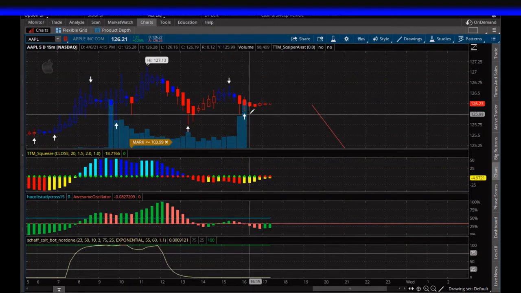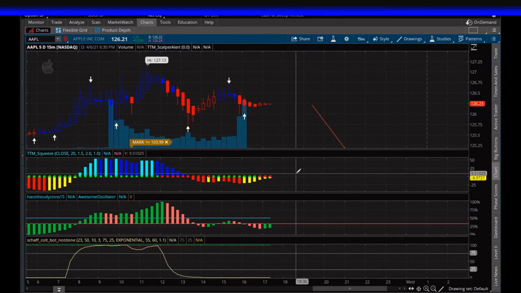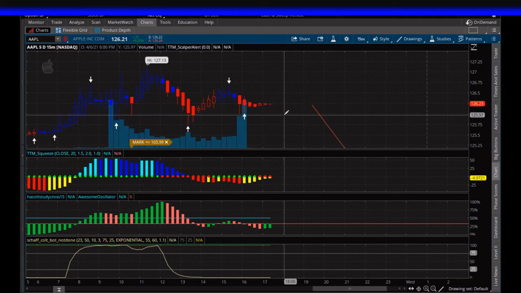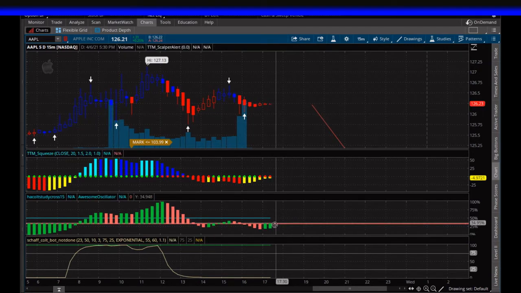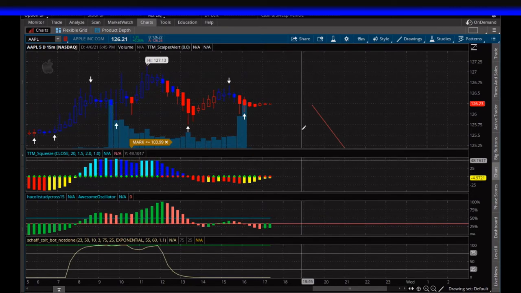It's kind of leveling out here, starting to turn green. I still think we'll have a little bit of a drop, it's possible, and then these are turning green. See if we see a red dot or a black dot squeeze in here. We'll have to pull up the other TTM squeeze for that.